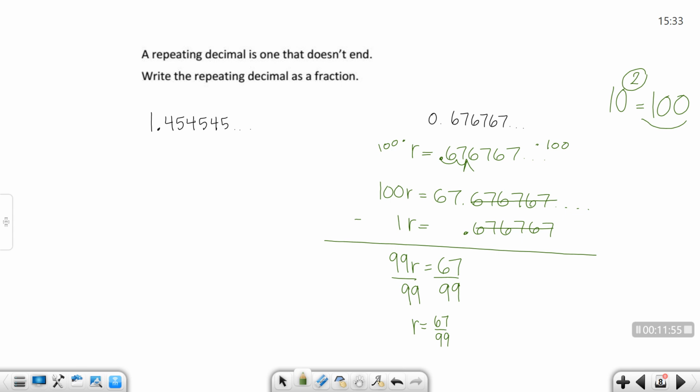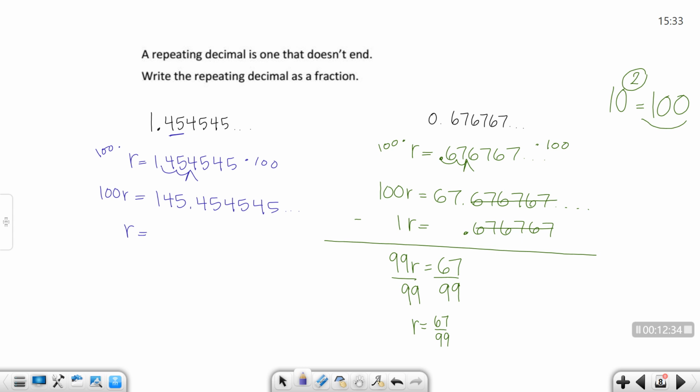Okay, now let's try the one on the other side. Okay, I'm going to let R equal 1.454545. I see in this one again that two places repeat. The two digits, 45, 45, 45, two digits repeat. So I'm going to multiply again by 100 on both sides because of the two digits. So 100R would equal, move it over two places, 145.454545, which means it continues.